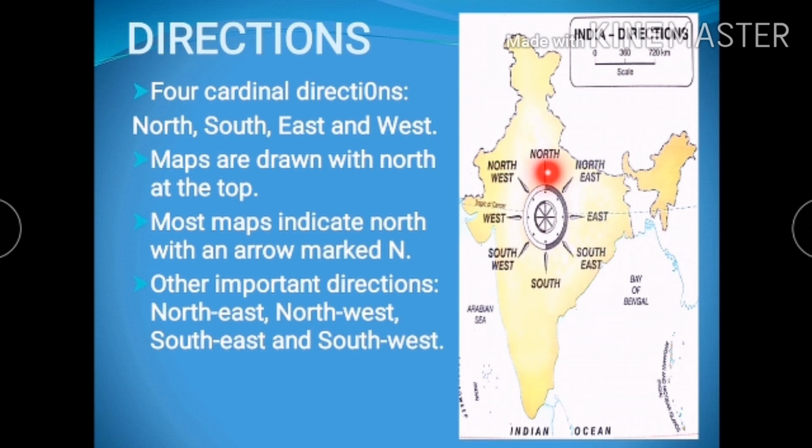If we know where north is, we can easily find south in the opposite direction. East to the right and west to the left. Northeast lies between north and east, whereas southeast lies between east and south. Southwest lies between south and west, and northwest occurs between north and west.